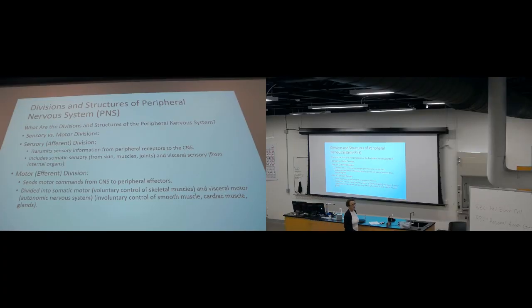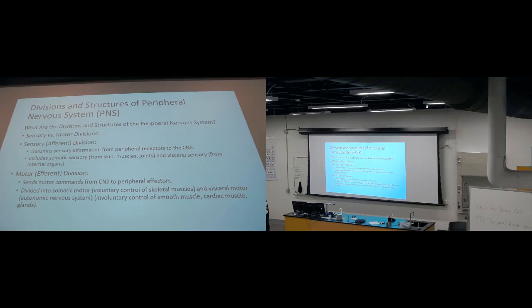Okay, so the peripheral nervous system has some major divisions. It has sensory and motor. Sensory is afferent because it sends action potentials into the spinal cord or the brain, depending on the nerve.